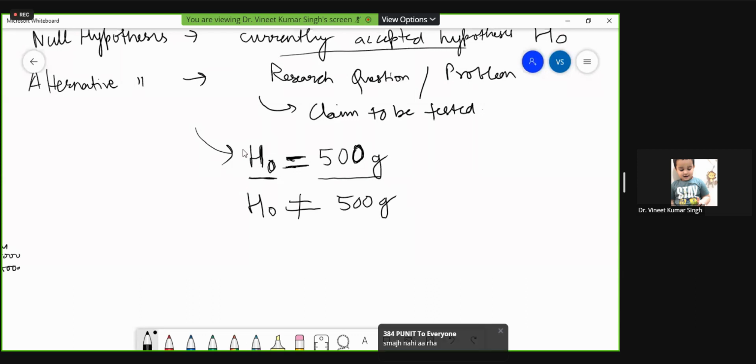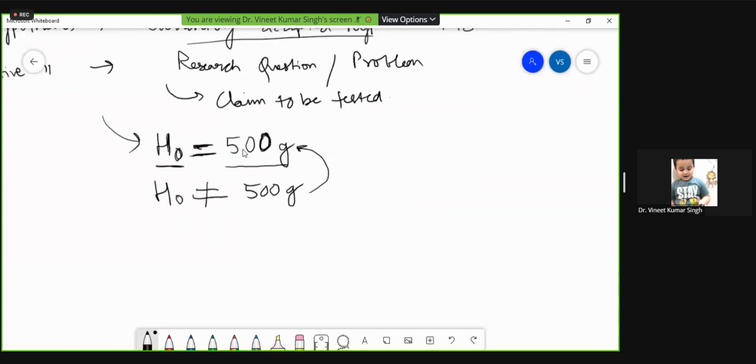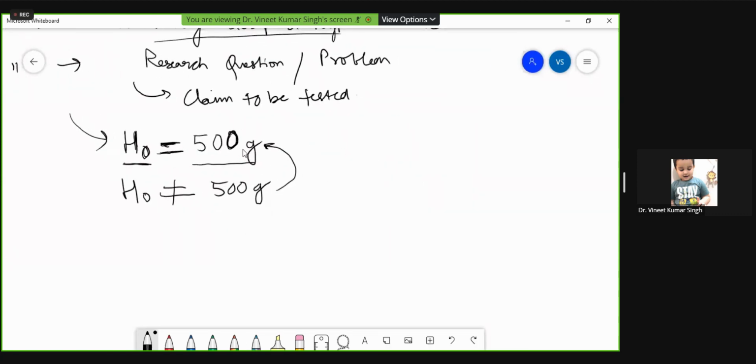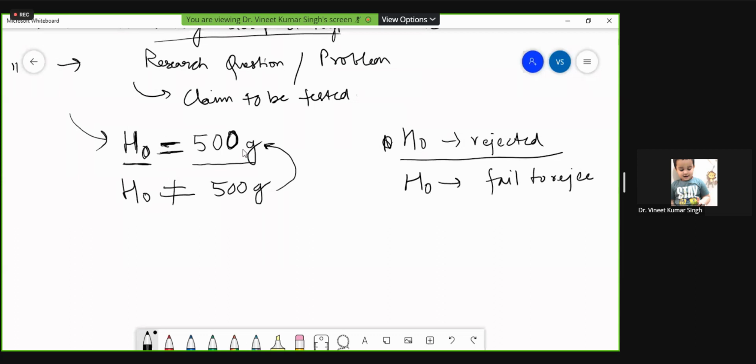So now there can be two ways to reject this hypothesis. So the possible outcome will be either null hypothesis H naught gets rejected. Outcome क्या होगा research के बाद? Either the H naught is rejected or we fail to reject H naught, or H naught is accepted.